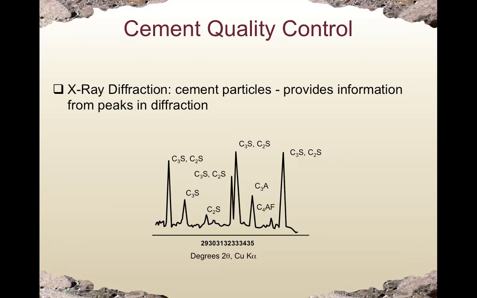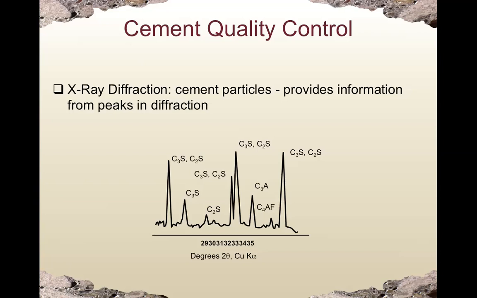Probably you have heard about XRD, or X-ray diffraction. This is another method we can use to quantify how much of the different compounds are in a clinker sample. The basics of XRD is not the focus of this class. I offer another graduate level class called Advanced Concrete Technology, CEE375, which will discuss more details about different types of microstructure analysis and chemical analysis for cement, concrete, and other construction materials.